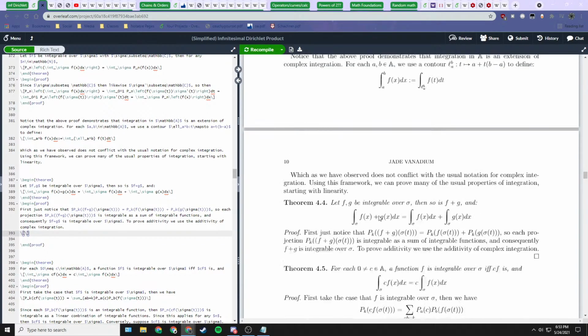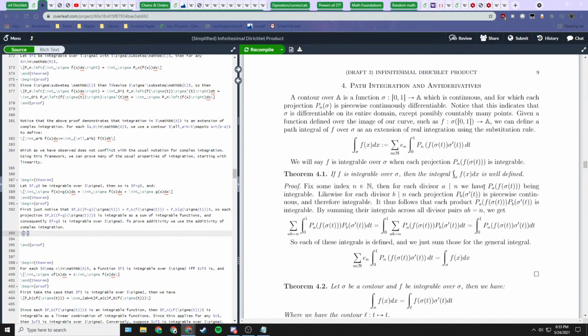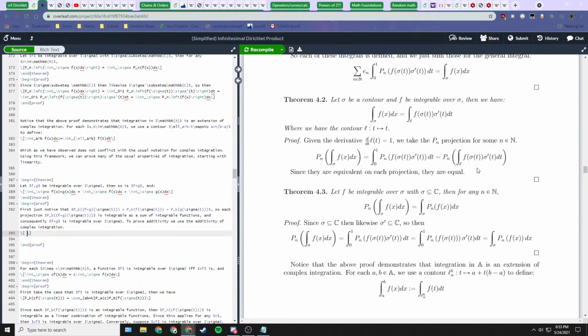So we have the definition of integration, or rather we can just use the substitution formula.